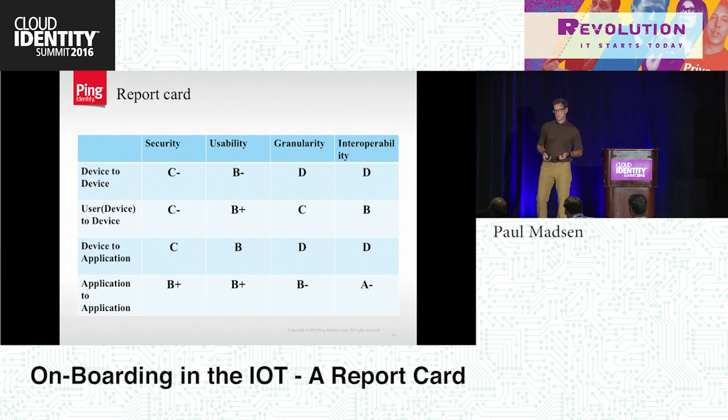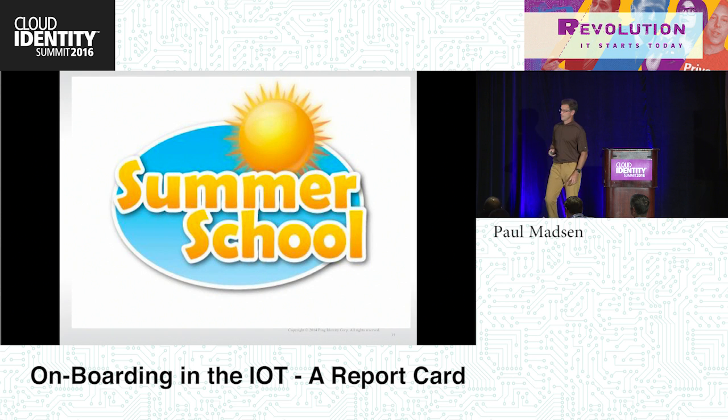It's a ceremony, I think, that users are accustomed to, that ceremony of being directed somewhere else to give their consent for something to subsequently happen. I think they're accustomed to seeing that on the web and would become accustomed to seeing that in the home. So overall, though, that's not a great report card for where we are with onboarding in the IoT. So summer school, I think, is appropriate.